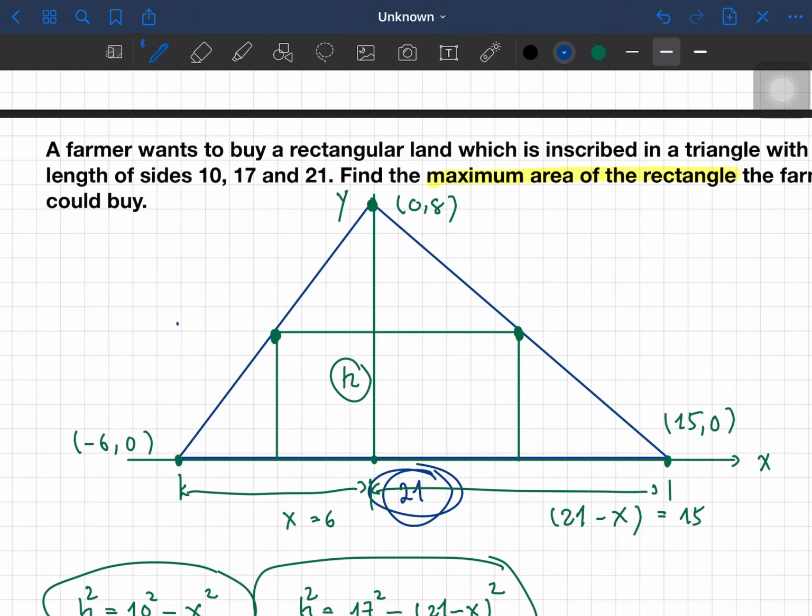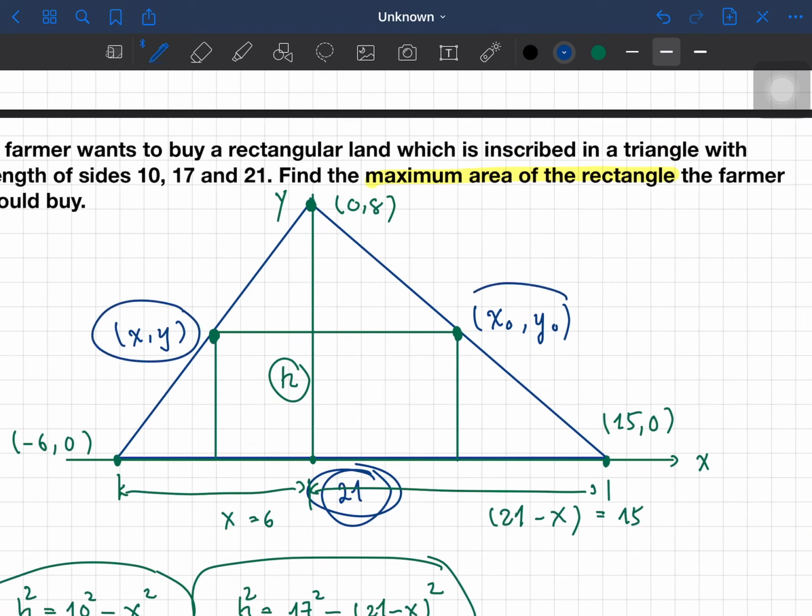So let's say we have here, in this case, (x, y), and then in this case we have (x naught, y naught). So we can actually express this and this in terms of x or x naught. How?